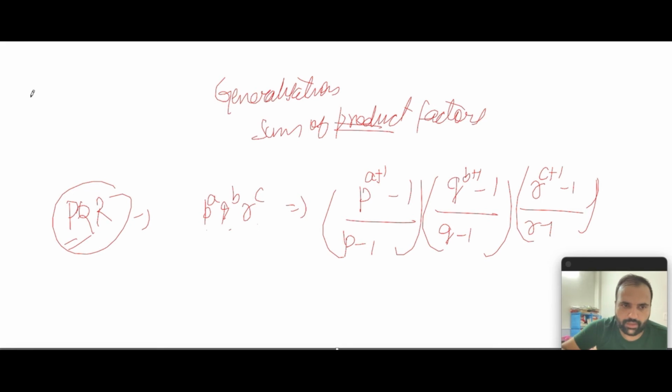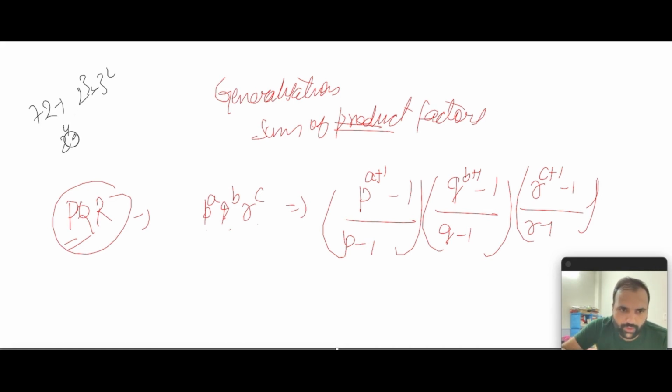Just for an example, we need to find the sum of all the factors of 72, which is 8 into 9, so 2 cubed into 3 squared. This is by the formula method. Of course, we have other methods as well.